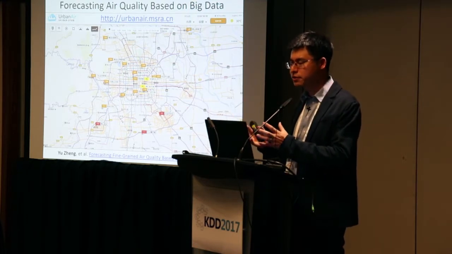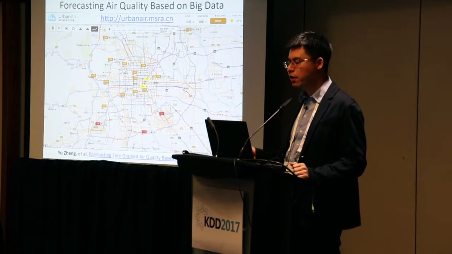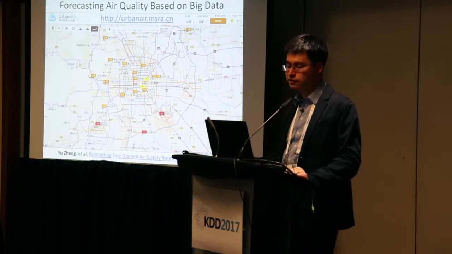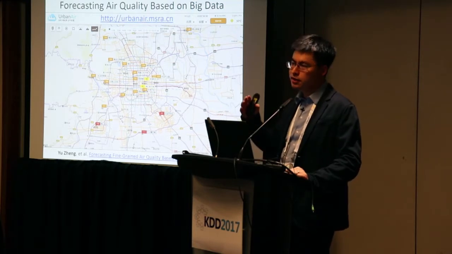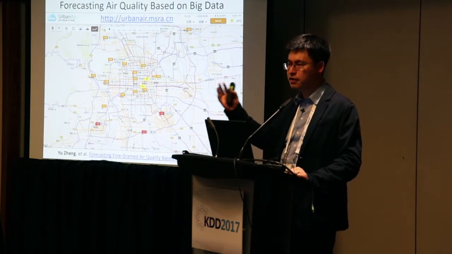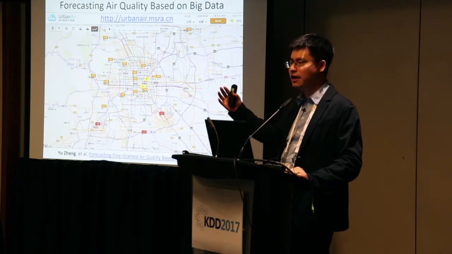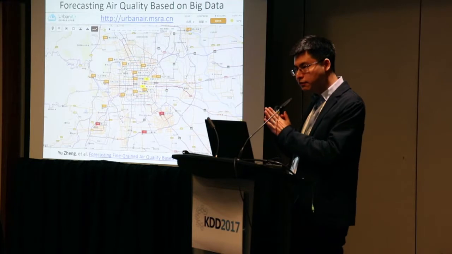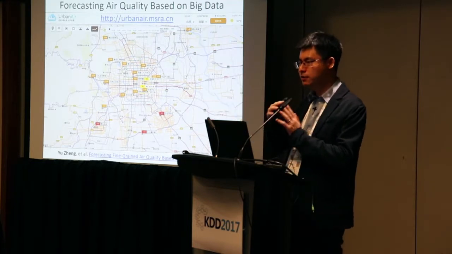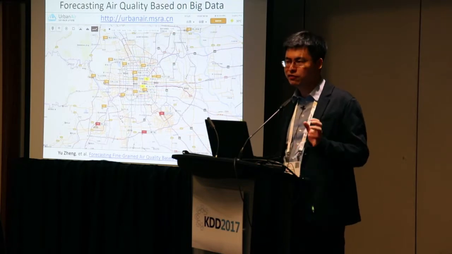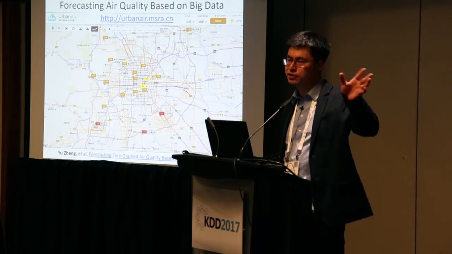It's not going to say Beijing is bad. I will tell you specifically in one university, let's say Tsinghua University, it's going to be 55 in the next 6 hours, and Peking University is going to be 100 over the next 12 hours. So it's fine-grained in both time and location. And this makes this problem much more difficult than average mean prediction.